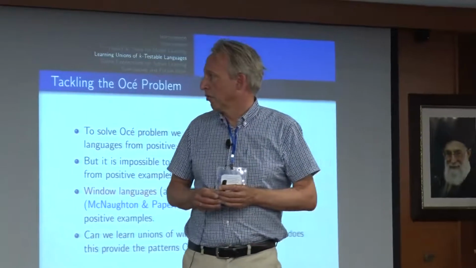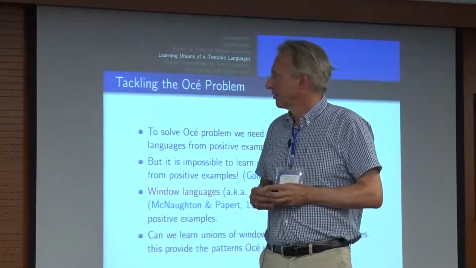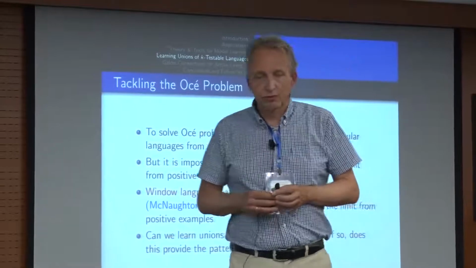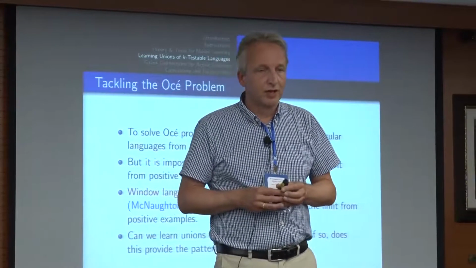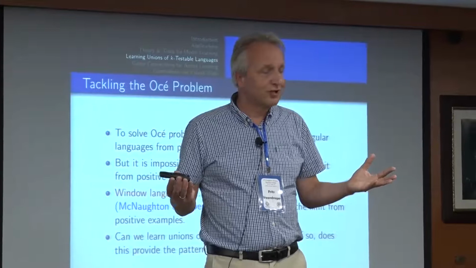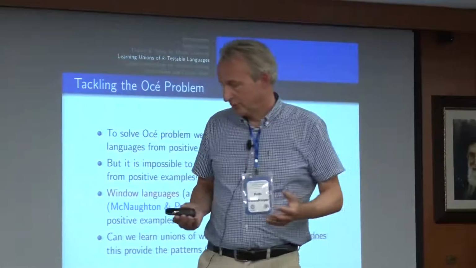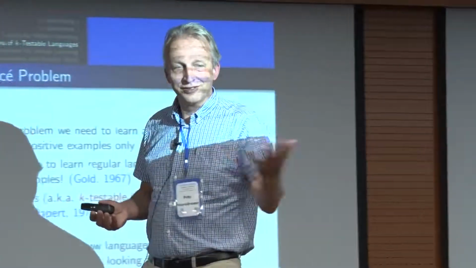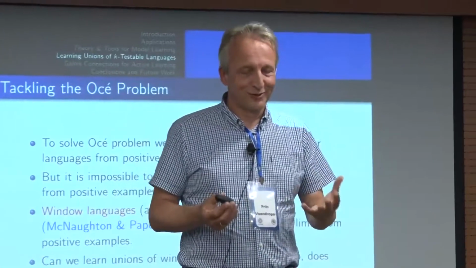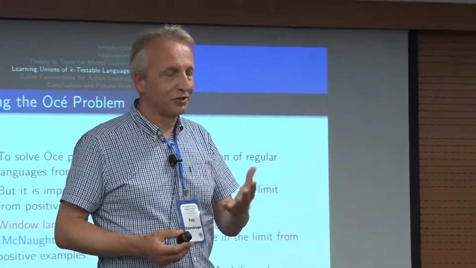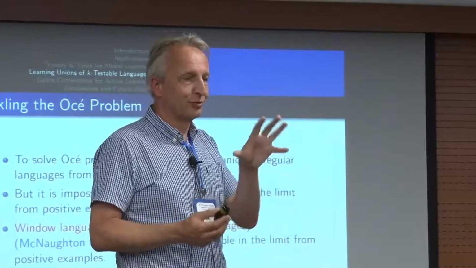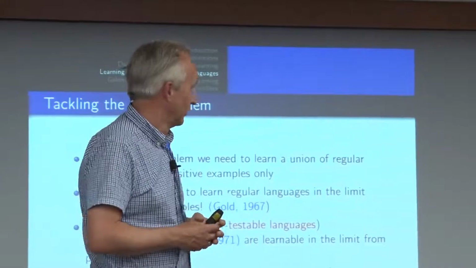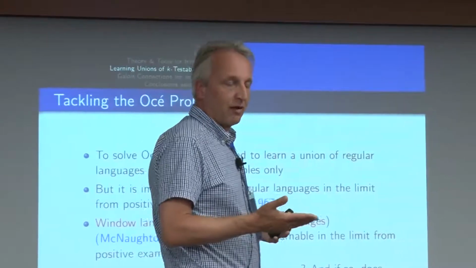And Mark Gold observed that regular languages cannot be learned in the limit. And that's very easy to see because suppose you first see the word A, then you think, okay, this is a regular language consisting of the single word A. You give an automaton, but then you see also AA.